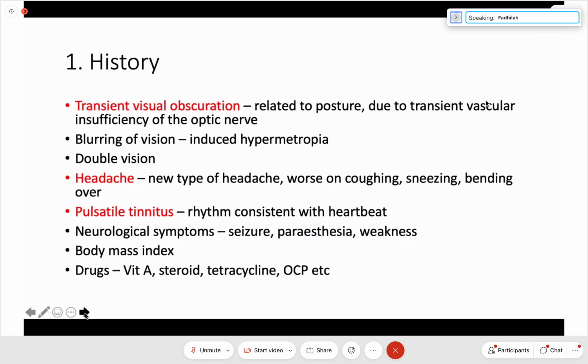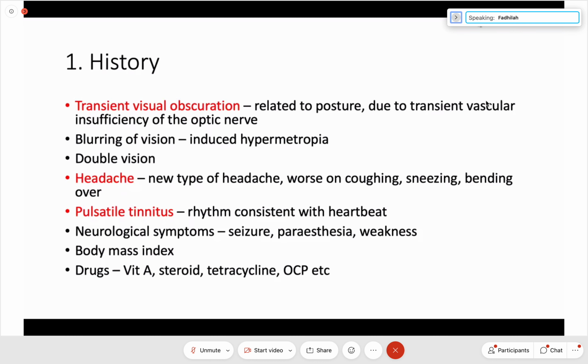Now, let's move on to the history. Transient visual obscuration is transient blacking or dimming of vision, and it can be related to posture. It was hypothesized to be due to transient vascular insufficiency of the optic nerve, right?